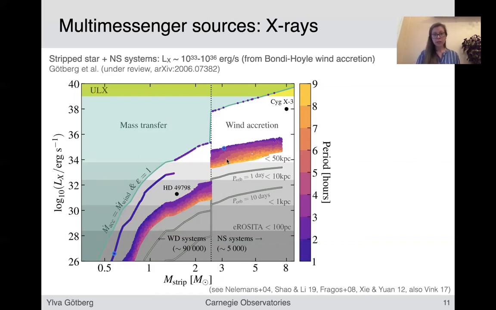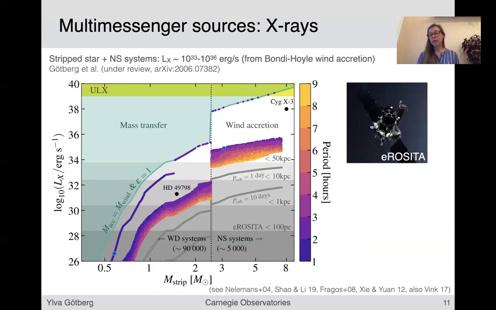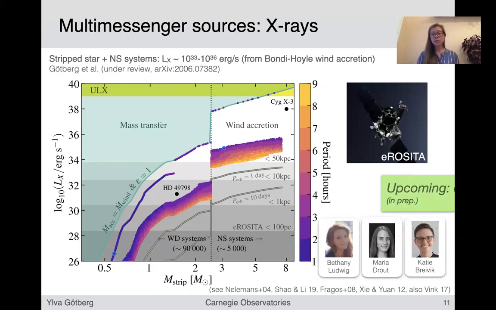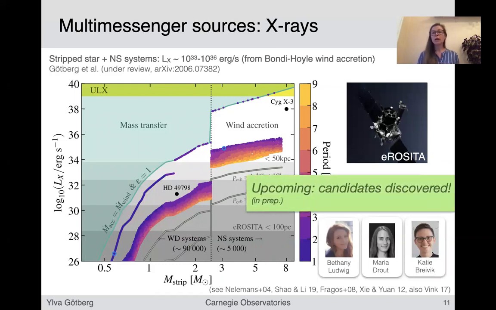So especially the neutron star systems are sufficiently bright to, for example, be detectable by eROSITA. We think that's quite exciting, so we started to look for some of these candidates, stripped stars orbiting neutron stars, and I think with collaboration we found some sources.